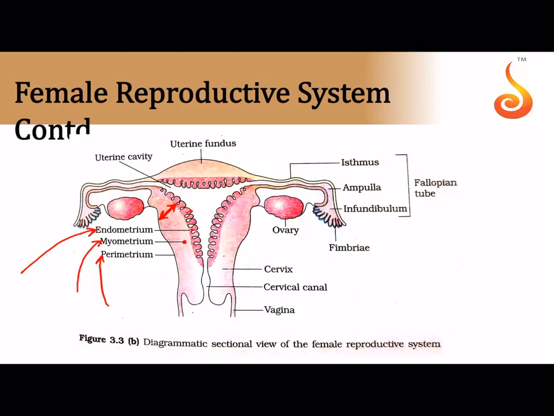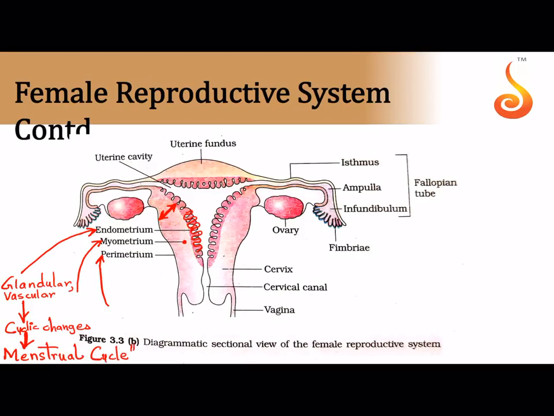So endometrium, you can see how it is folded here. It is colored red because, like I said, the endometrium is highly glandular, it is highly vascular, and it undergoes cyclic changes every month in female primates and humans, and this cyclic change is called the menstrual cycle.